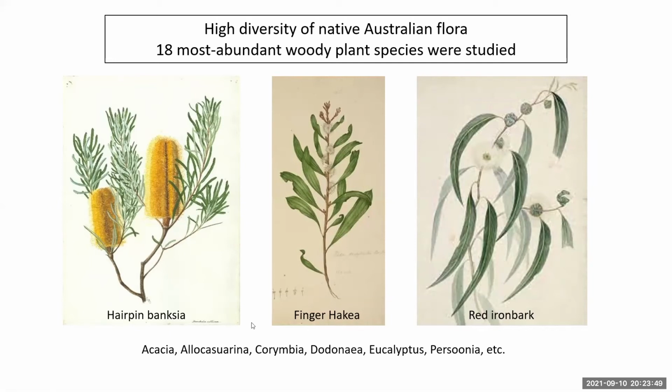I also had 4 acacia species, Acacia podalirifolia, parramattensis, Acacia falcata. There was also she-oak, Allocasuarina, a few Corymbia, Dodonaea, and Persoonia, and some other species.